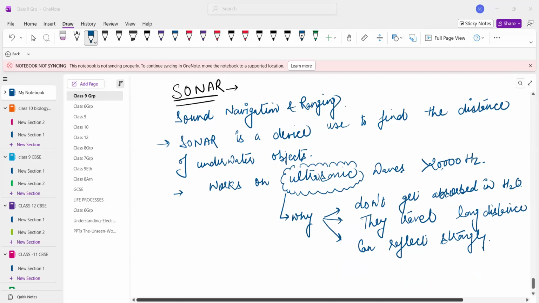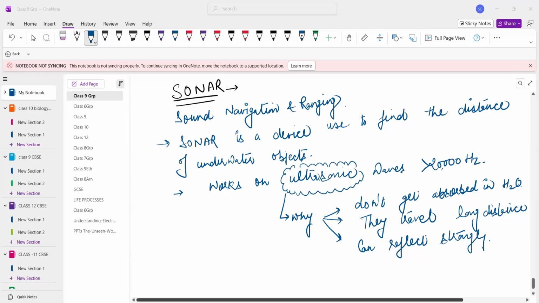Light, not sound. Reflection is the same for both light and sound, but this time I'm asking about light. What do you mean by reflection of light? How does it occur? Everyone, just draw the diagram and show me.